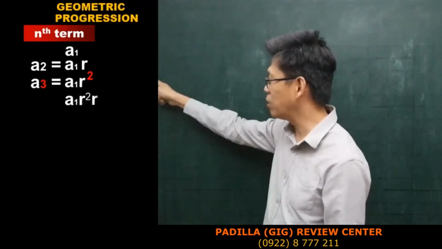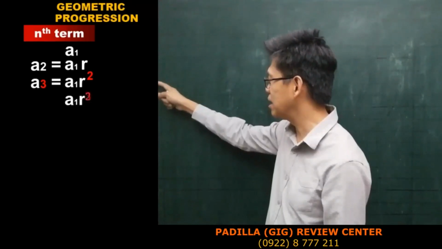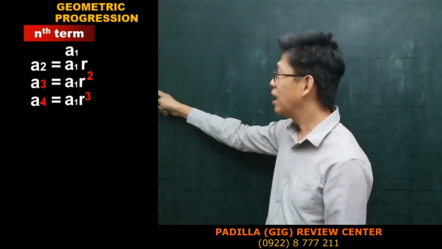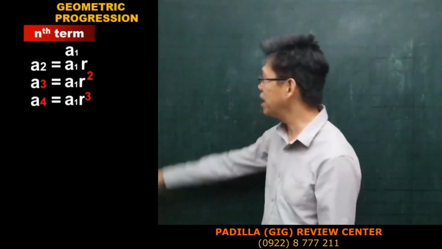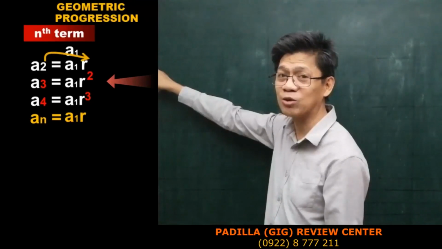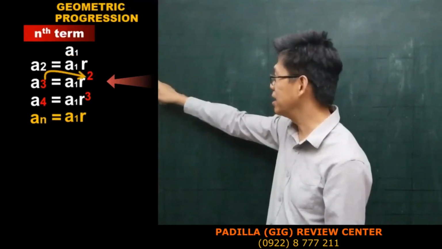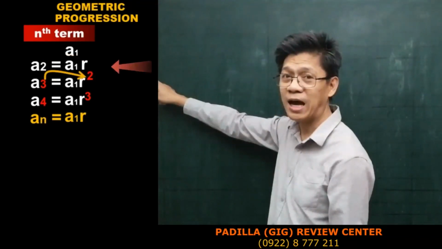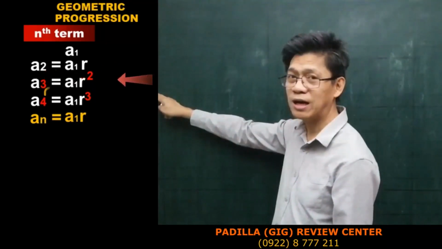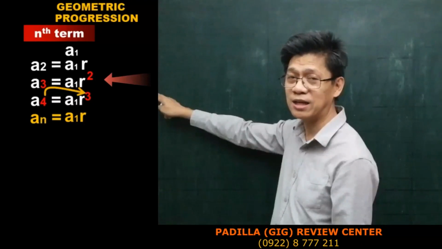Then you multiply A1r squared by r again, that is A1r cubed, that would be A4. As you can see, if this is A2, it's A1r to the 1. A3, that is A1r to the 2. Pag A4, A1r to the 3.